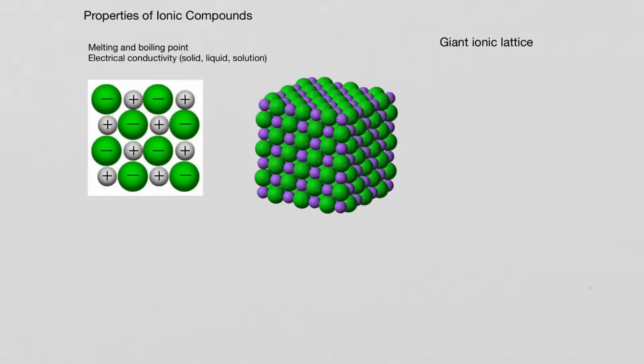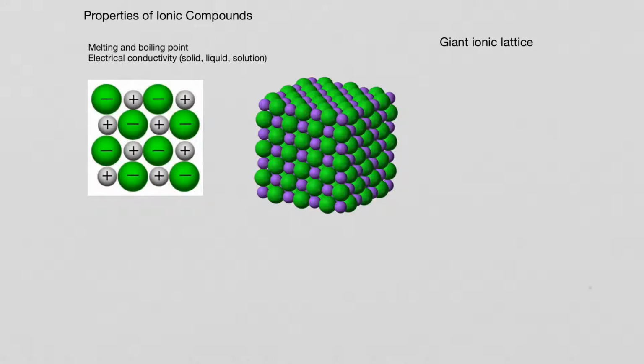We've got negative charged particles, the chlorides, and positive charged particles, the sodiums. The lattice is that regular arrangement of ups and downs and crosses, and that's where we get the phrase giant ionic lattice.